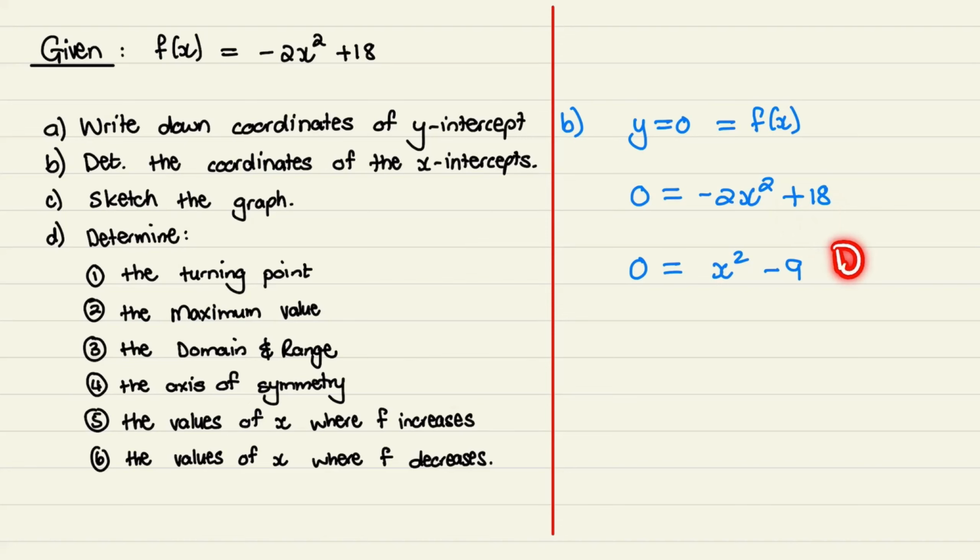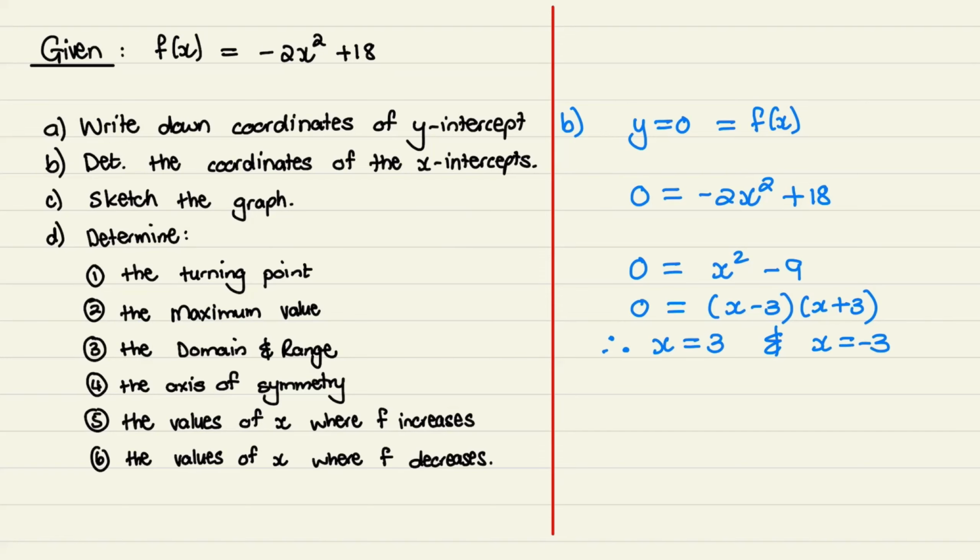Now I have a difference of 2 squares, and I can easily factorize this expression. So it is 0 equal to (x minus 3)(x plus 3). Therefore, the x values of the x-intercepts are x equals 3 and x equals negative 3.